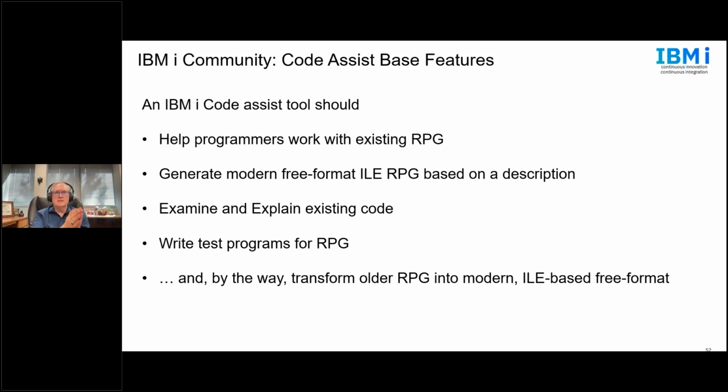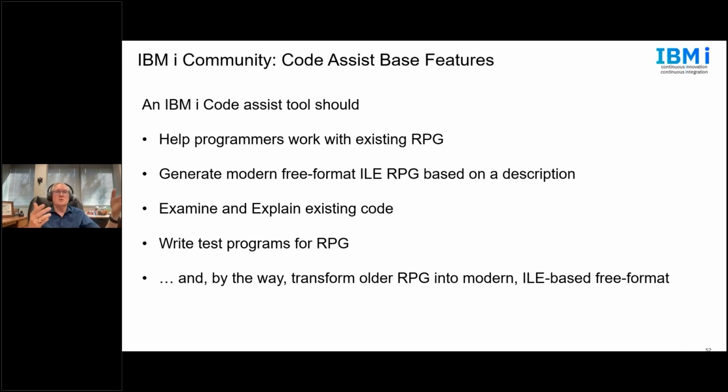Now, the last thing on this list is we all have older RPG. Wouldn't it be nice if this tool could help us transform that older RPG into modern ILE-based free format RPG? Now, we know that there are tools out there in the marketplace that can do that. They are not currently using AI to do that, but I got to tell you, if you train a model to know how to generate modern free format ILE RPG, and if you train a model to be able to explain RPG, even if it's not modern free format RPG, you're halfway to being able to ask the model, maybe even more than halfway, to say, okay, I've got this older RPG, transform it into what it is.